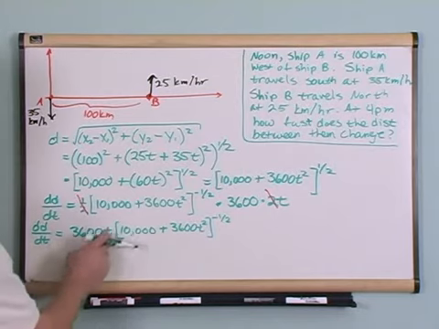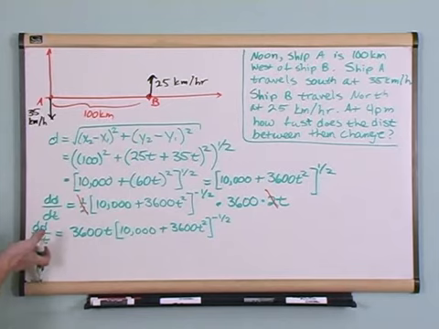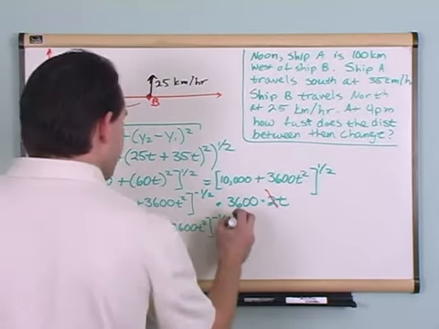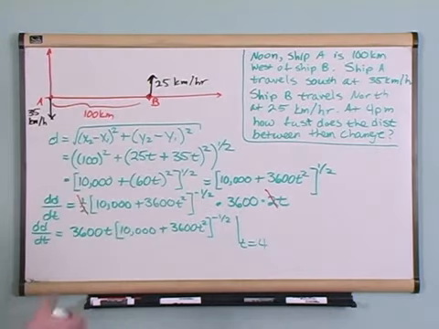It's a function of time. So I can put in 1 hour, 2 hours, 3 hours, and each number I put in here is going to predict how fast they're opening up. So what I want to do is evaluate this at t equal to 4, because that would be 4 hours later.